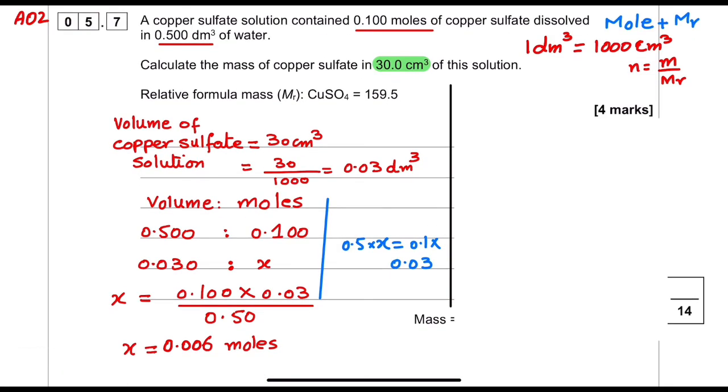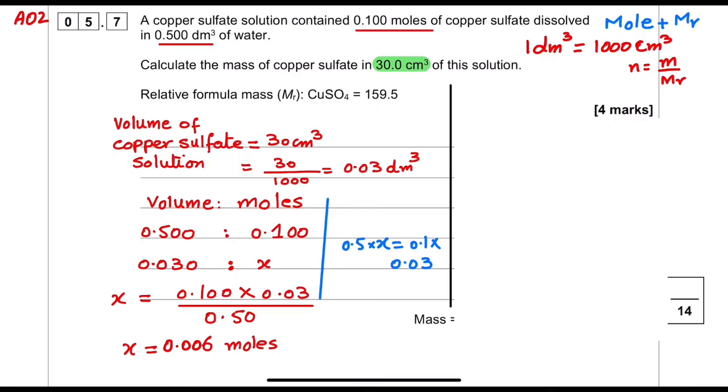The volume of copper sulfate is 30 cm cube divided by 1000, to convert cm cube into dm cube. The answer is 0.03 dm cube. Now we're going to take the ratio between the volume and the moles.